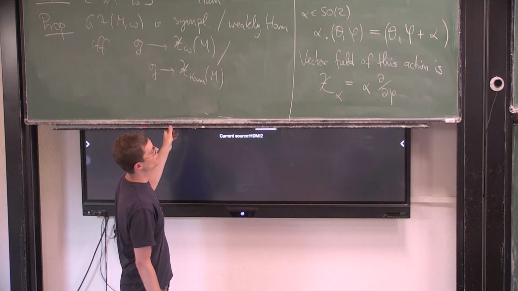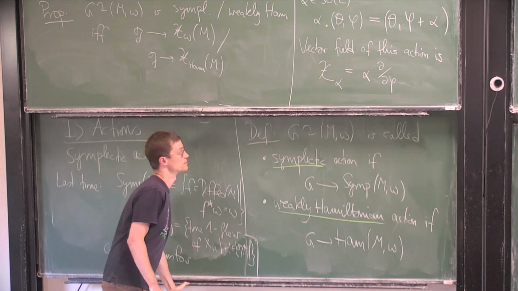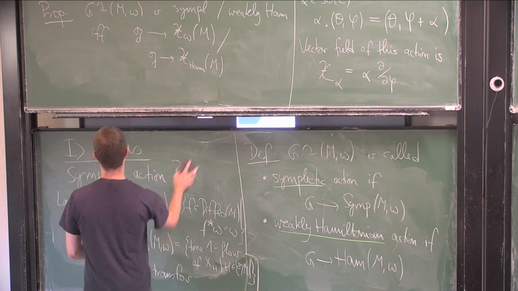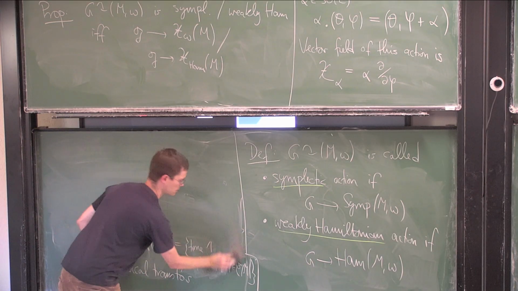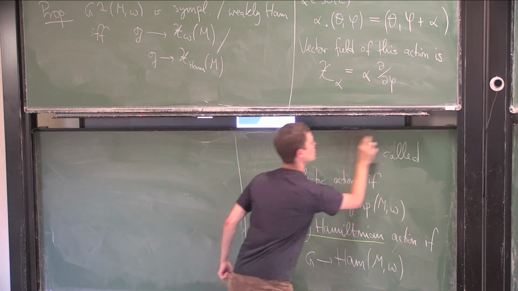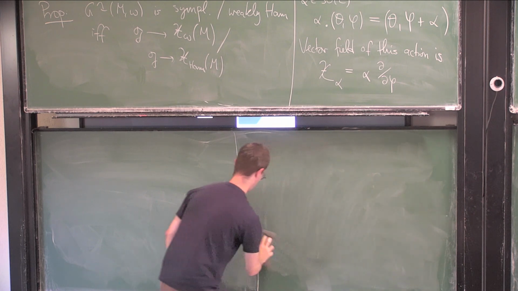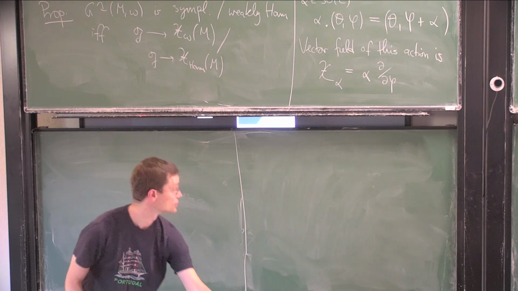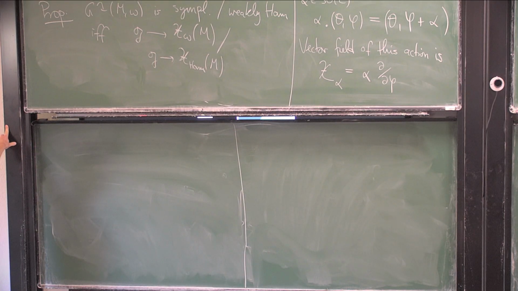Okay. So now we just have to check whether this is a Hamiltonian or symplectic vector field in order to decide whether the action is Hamiltonian, weakly Hamiltonian or symplectic. We do this together, and then for the second example, I give you some time to do it on your own, but we will somehow correct it. I mean, we'll see the solution together.